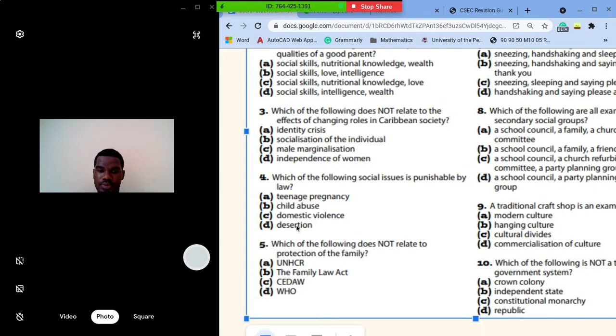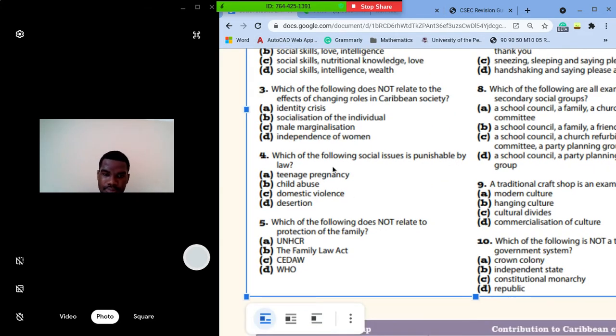This one goes to Karen. Explain quickly for me what each acronym is. Sir, I'm not sure what C is, but I chose D because it talks about the World Health Organization, and that doesn't really have to do anything related to safety or protection. So I chose that one.